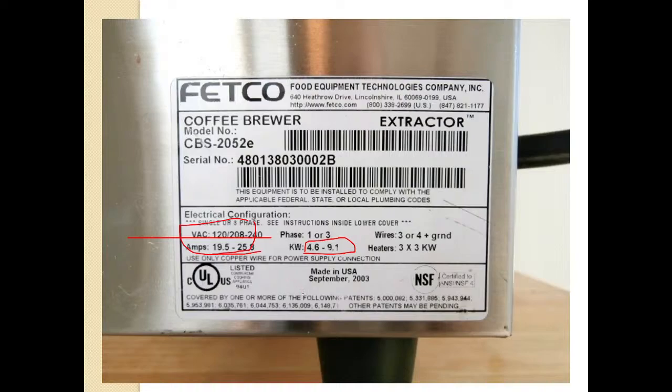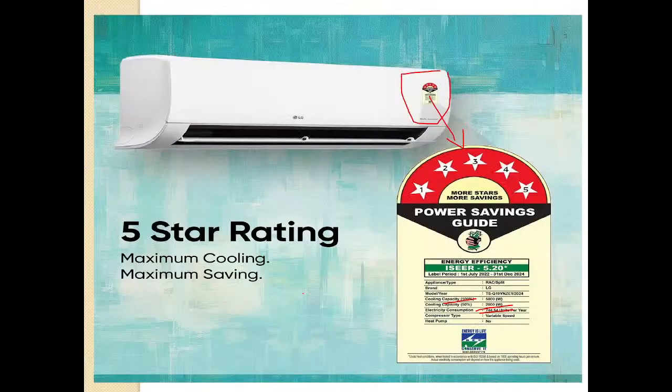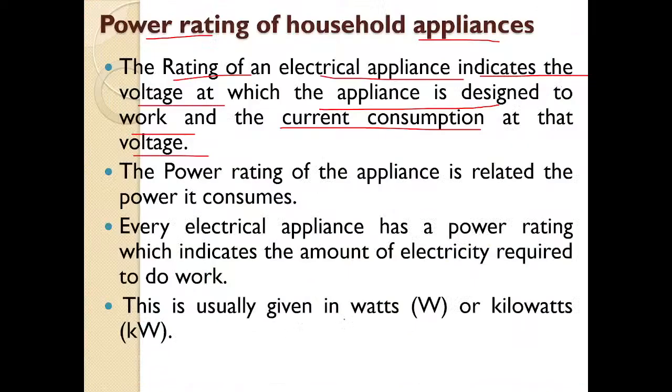By looking at the power rating we can say how much electricity is required for the electrical apparatus to do the work. The power rating of the electrical apparatus is usually denoted by watts or kilowatts.